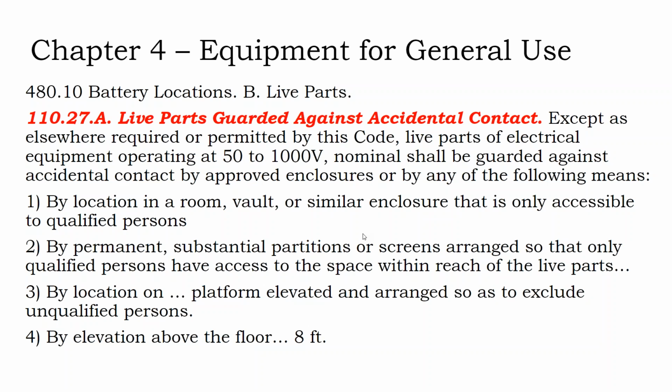So battery locations, live parts should be guarded against accidental contact. It sounds obvious. You don't want to have electrical parts being exposed where someone can just come up to them and touch them. But you pop the hood of your car and there's your battery with its terminals exposed, surrounded by metal.